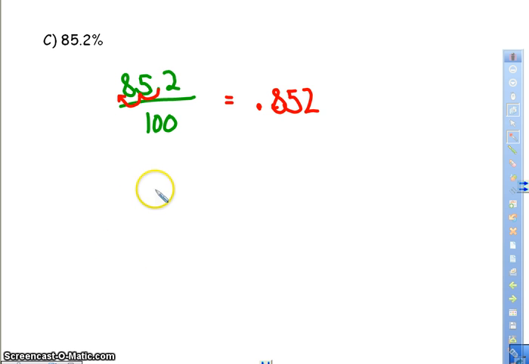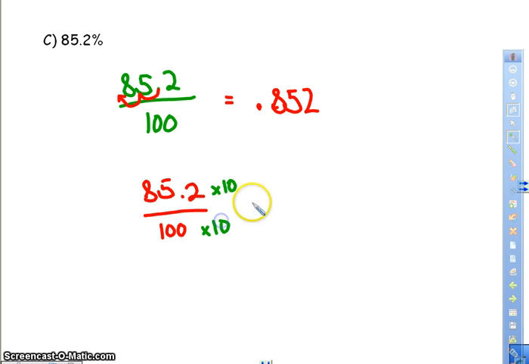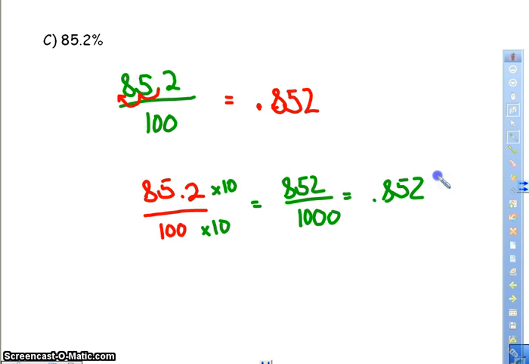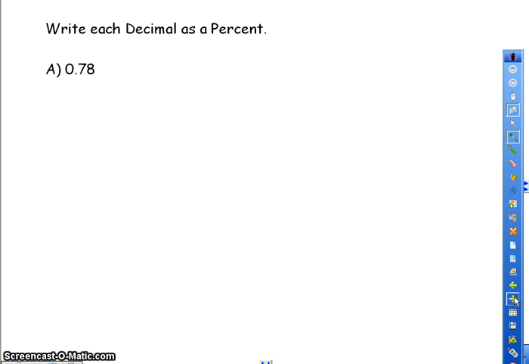Another way to think of it is I have 85 and 2/10 over 100. You want that top number to be a whole number, so I'm going to multiply both the top and the bottom by 10. When I do that, I get 852 over 1,000.